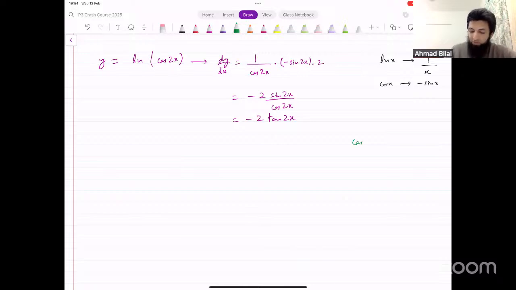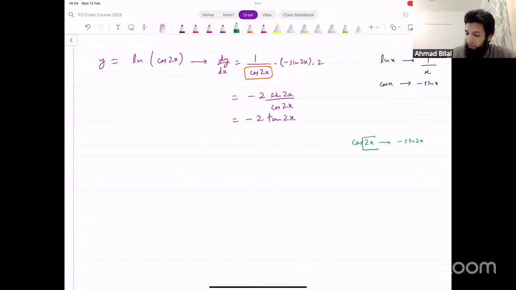So the question is, we have cos 2x here, and now we have to multiply with the derivative of this, which is minus sin 2x. Where is this 2 coming from? We have cos of 2x here, right? What's the derivative of cos 2x? We apply the rule. Cos 2x becomes minus sin 2x. But what does that rule say?